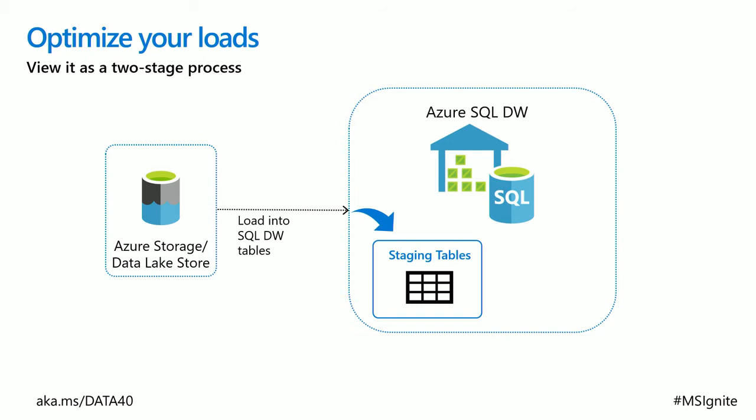Because at the end of the day, that production system could be earning your organization revenue, or it could be supporting operations and so forth. So hit the staging table first, and then place it into your production tables after. There are a couple of variations that we'll look at later for performance tuning.